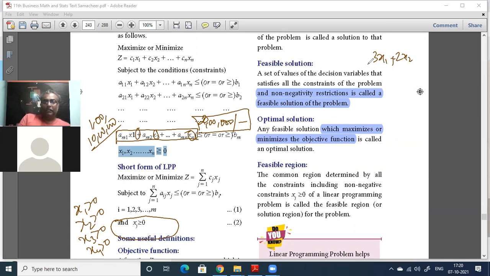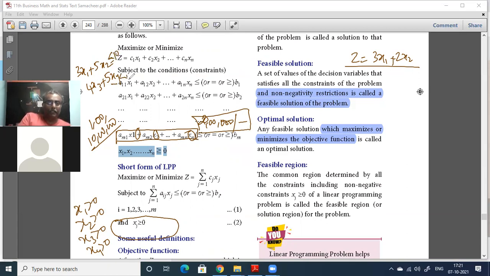That is Z. Then let us say one constraint is 3X1 plus 5X2. Then another constraint is 4X3 plus 5X4, less than or equal to 10.